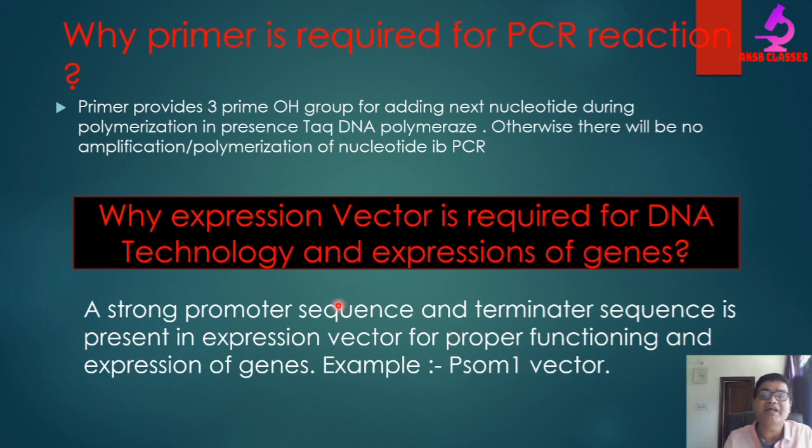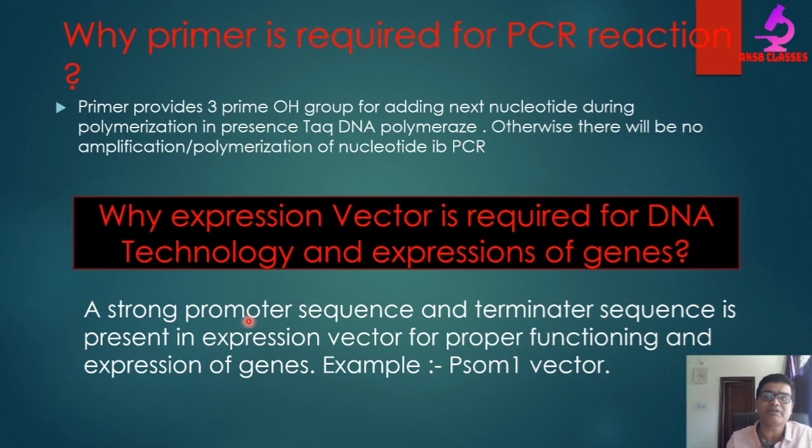Promoter means that it helps in the functioning of the gene of interest. So the expression vector has a strong promoter and terminator sequence that help in the expression of a particular gene. That's why the gene will show its function, show its expression, only in presence of an expression vector.